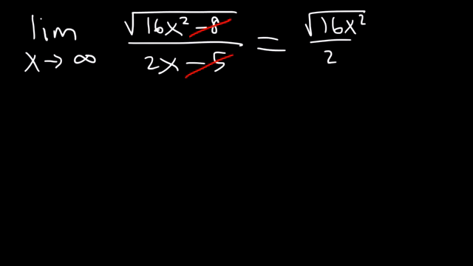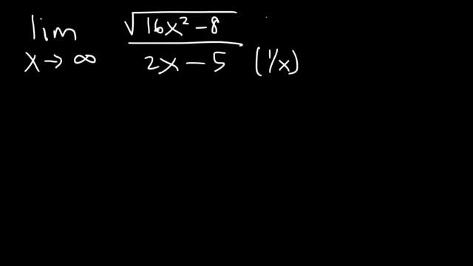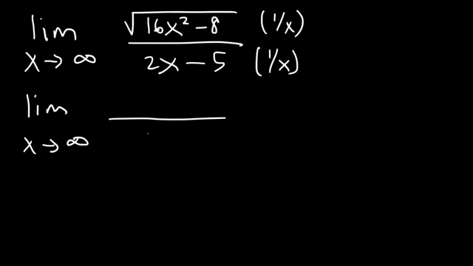But now let's confirm it with a step-by-step process. So we're going to multiply the top and the bottom by 1 over x. So on the bottom, 2x times 1 over x is simply 2. And then we're going to have 5 over x. Now how do we put the 1 over x inside a square root?